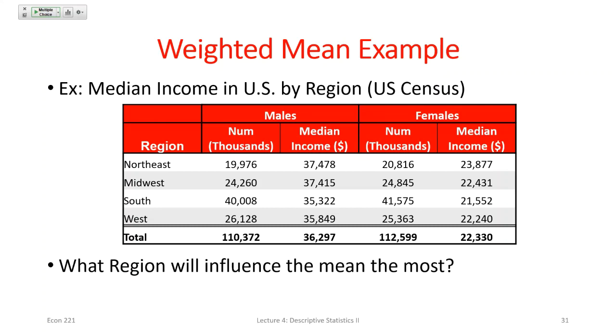What's more interesting is if I want to find the overall average salary, across males and across females, what would I do there? I don't have this in the slide. This is a good thought experiment. And you're right, if I was doing it across men and women, the one that would influence the most is women in the South. That income would take over the most because that's the group that represents the highest number of individuals. So if I wanted to find the overall weighted mean, instead of 4 groups, I'd actually have 8 groups.